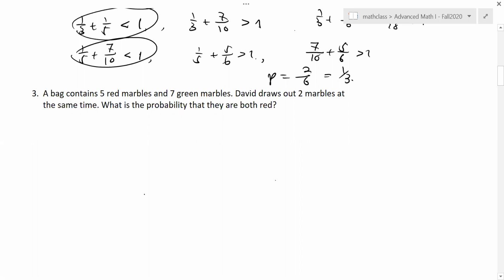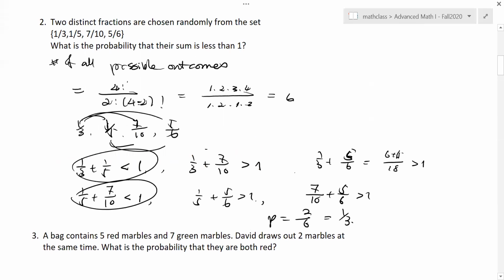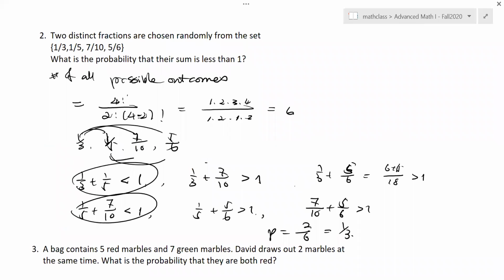Why is the total number of possible outcomes 6, not 24? That's a good question. I'm talking about when we pick 2 fractions, so we don't count their order. So select 2, how many pairs of numbers, and that's the standard formula.